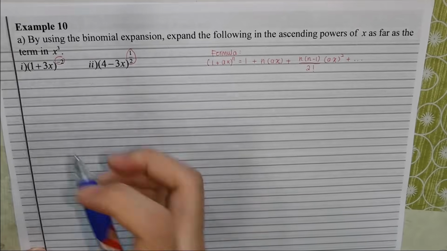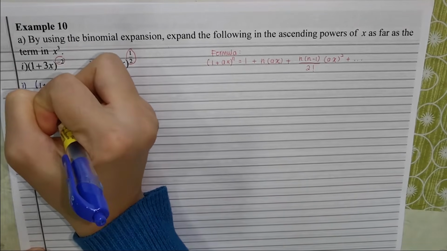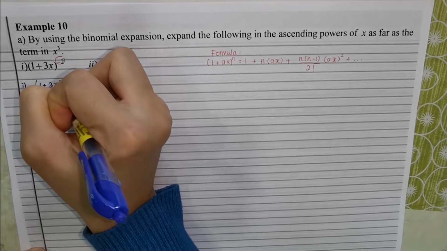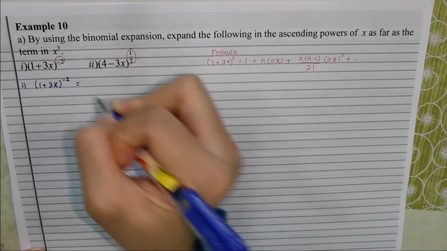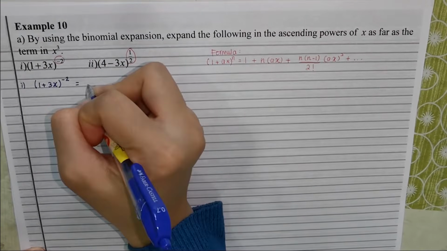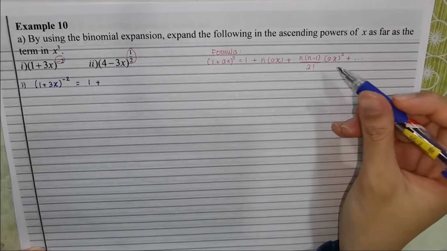Right, let's start. (1 + 3x)^(-2) equals 1 plus... So what's the pattern with this formula?